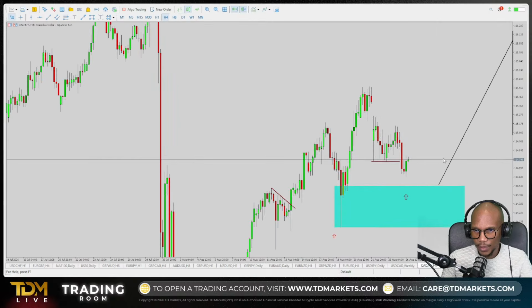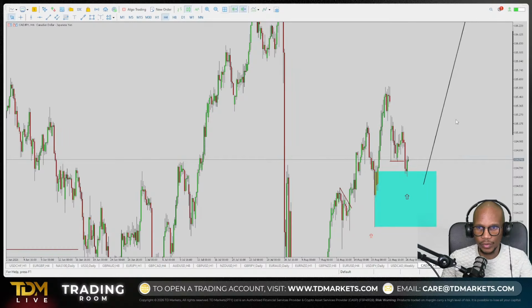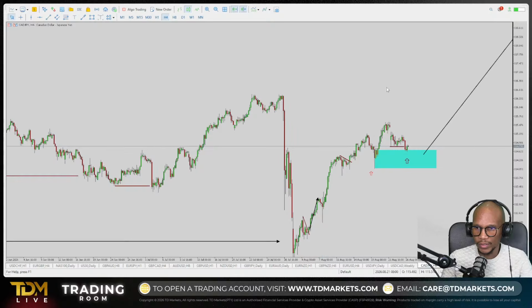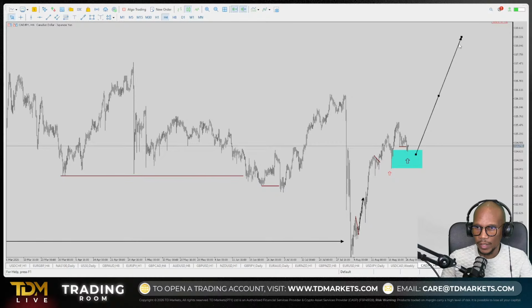We've got CAD JPY at any point around the zone. It's likely gonna go up, right, somewhere around the zone. So yeah, still looking for a buy on the zone.